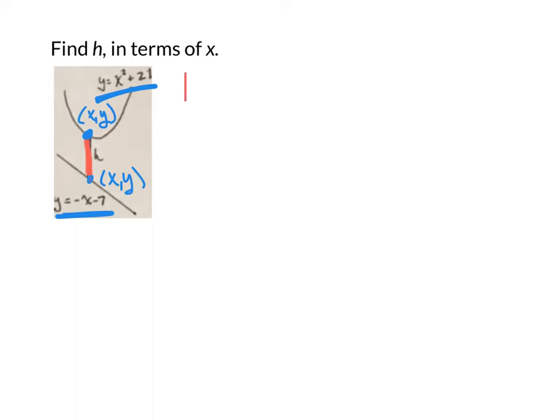So when we want to find out what h is, we need to recognize which y-coordinate is going to be larger. The way that points on the plane work is that if a point is above another point, that's the larger y-coordinate, and the point that's below would be the smaller y-coordinate. So we're going to take the y-coordinate that's on top, which is described as x squared plus 21.